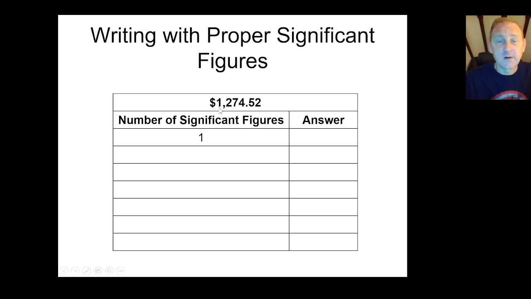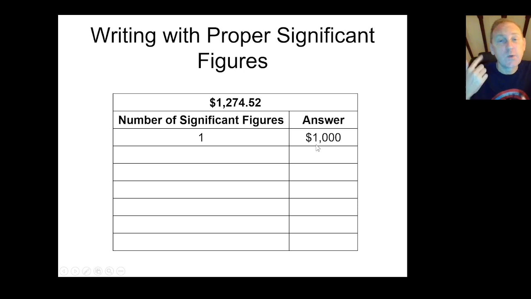So let's go here. We got this number, 1,274.52. Now, sometimes when you're purchasing things, maybe it's a new phone and it's really nice, and that's how much you paid, and someone's like, well, how much is that phone? You might just say the phone, it's $1,000. Now, everyone knows you're not going to go to the store and it's going to be $1,000.00. It's about $1,000 is what that phone is.